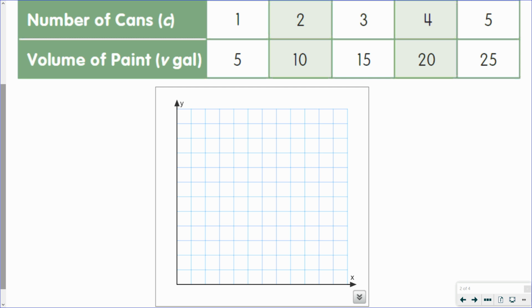Nothing says that you have to go up by ones. If you want to change the interval, that's perfectly fine. You can do so. And what you just need to do is make sure that you are labeling. So let's say on this one that we decide that on our y-axis, instead of going up by 1, we want to go up by 5.